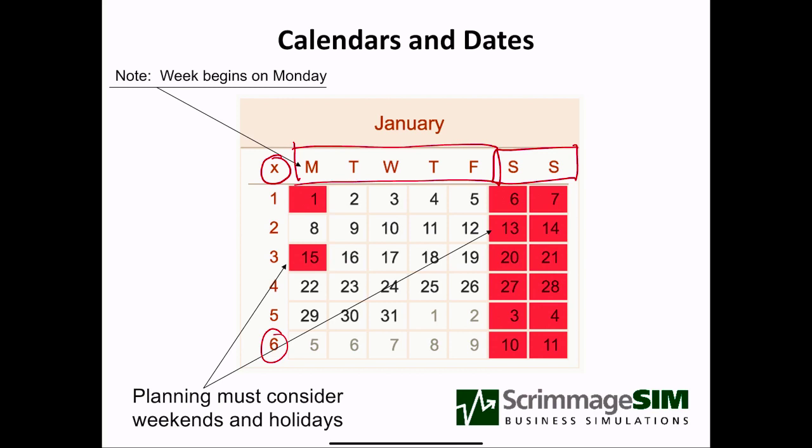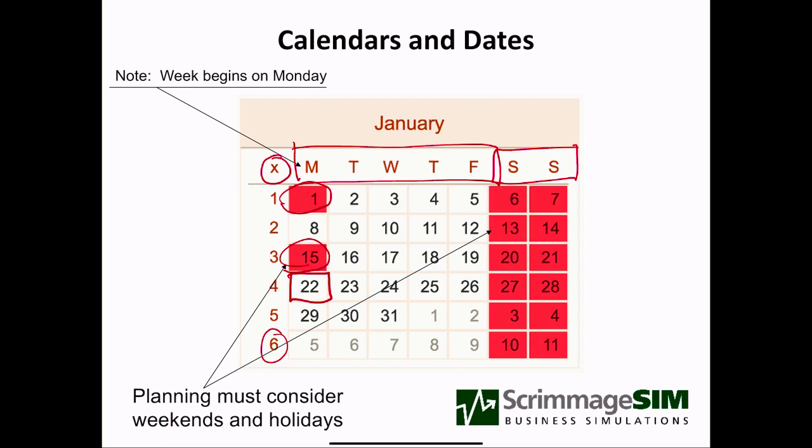In this case, we have a facility that's taking Saturdays and Sundays off, also Martin Luther King Day and January 1st. Suppose we have an independent requirement on the 22nd and an item takes 10 days to produce. Counting back 10 days is not merely counting back 10 days, but we have to consider the calendar.